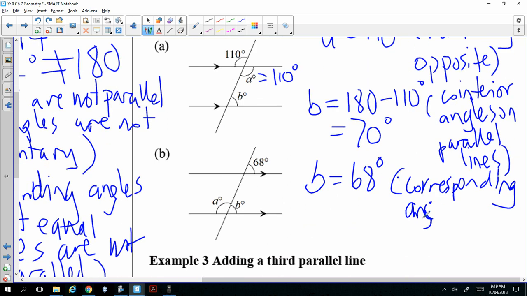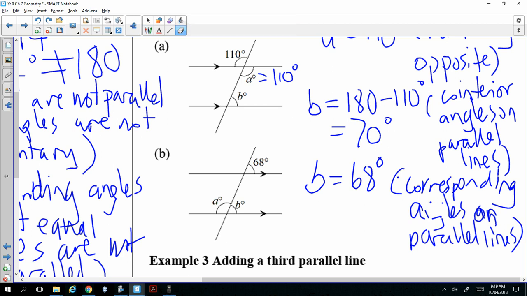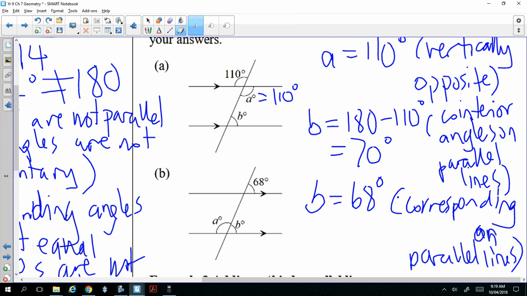Angles on parallel lines. Okay, good. And label that on the diagram.